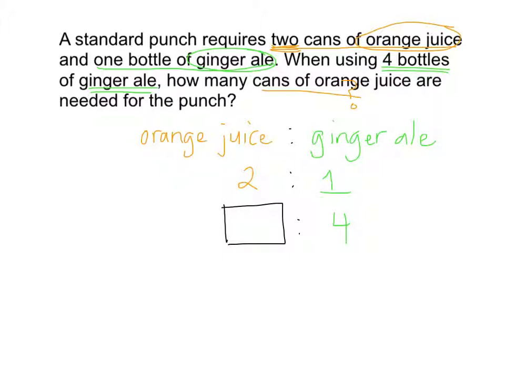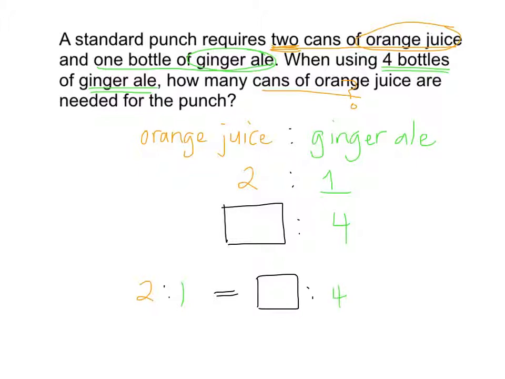I want you to think about different ways that you could solve this problem. Today we're going to solve this using a proportion. Well, as you learned earlier, a proportion is a number sentence that shows two equivalent ratios. So let's rewrite our ratios to show that they're equal. 2 to 1 is equal to something to 4.